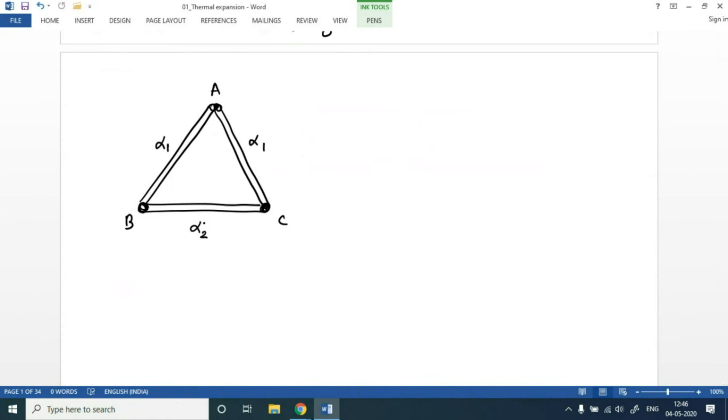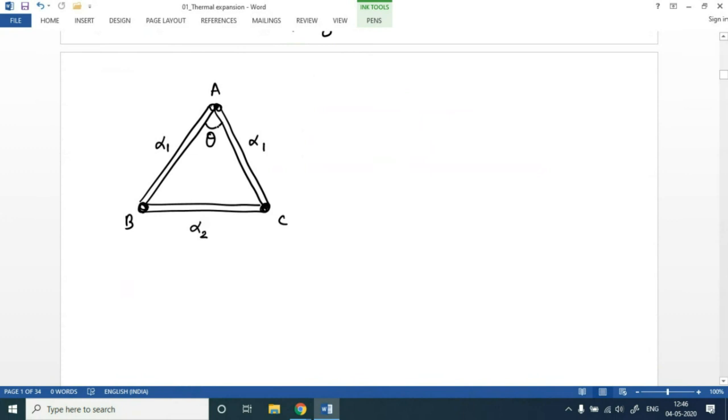Okay, so at some temperature they are forming an equilateral triangle, meaning the angle between the two rods here will be equal to 60 degrees. If the temperature is raised by, let's say, delta T over here, we want to calculate the change in this angle, how much this angle theta will change.